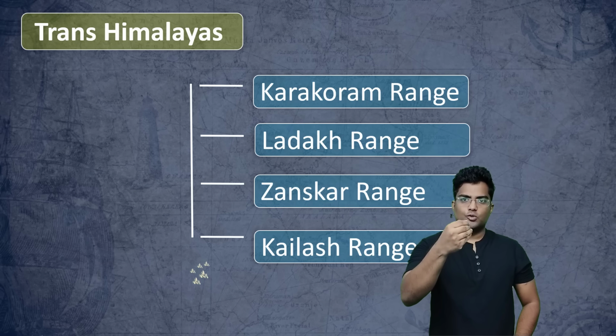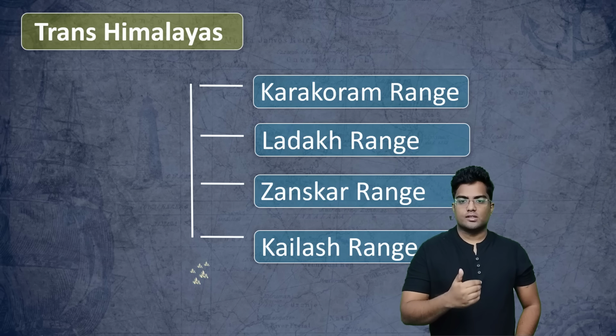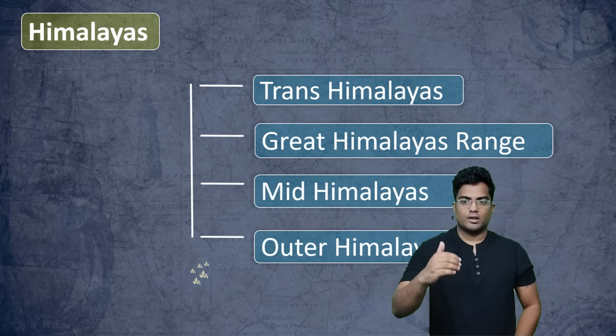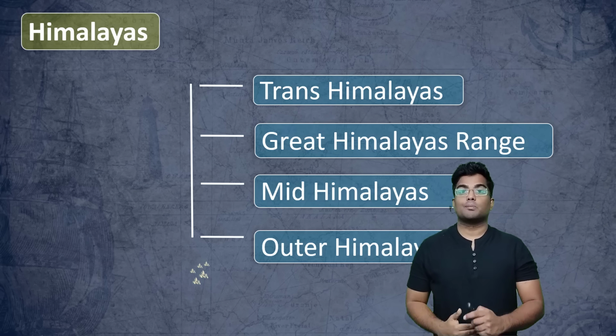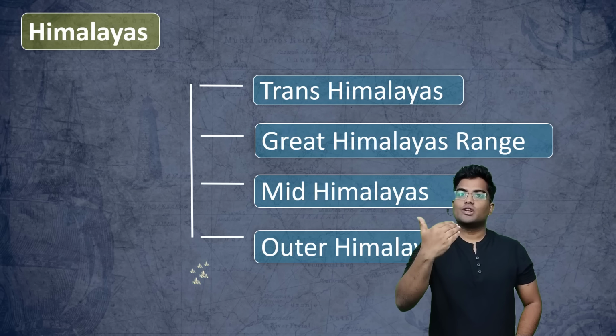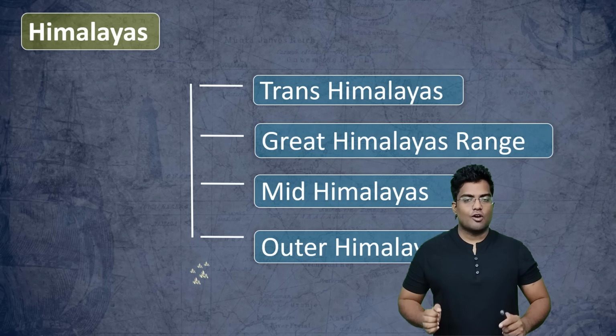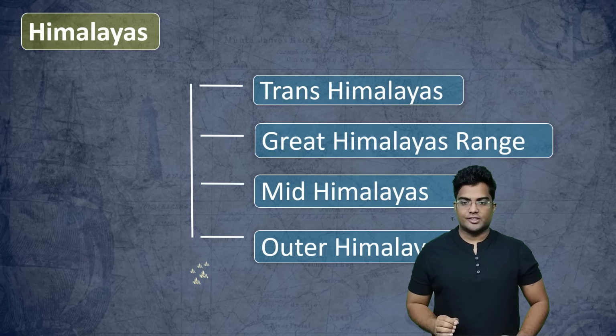To give you a perspective, this is how it looks. You have the Himalayas once again: trans, great, mid, and outer. I know I'm repeating it again and again, but this is very essential because you will keep on forgetting the division of Himalayas, the four ranges.